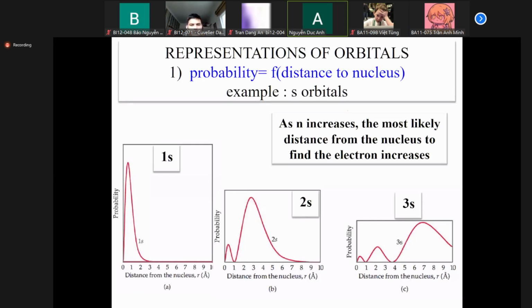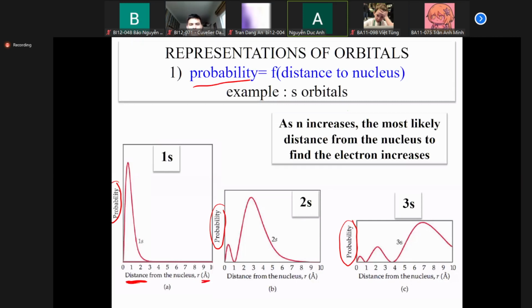Sometimes you will see a diagram like this. This diagram explains the probability. The vertical axis is the probability of finding the electron at a given distance, and here the unit of distance is Angstrom.